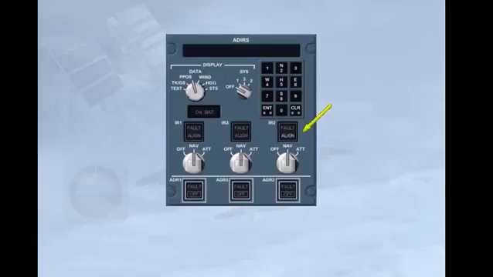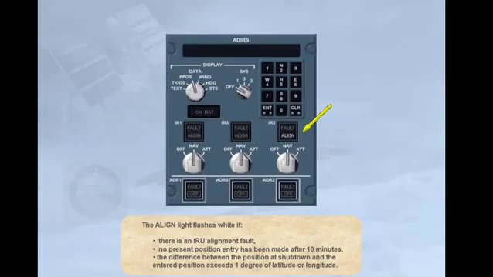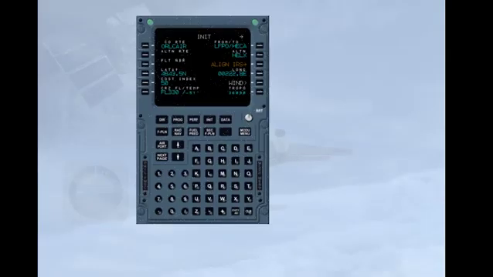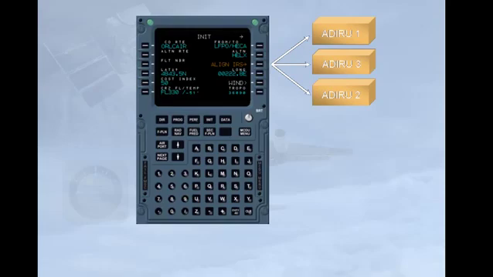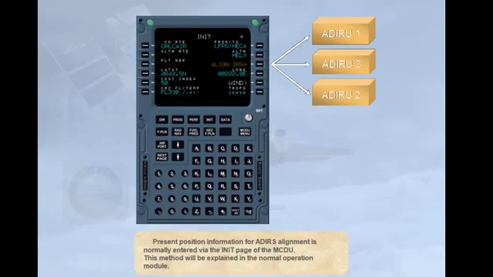The align light flashes white if there is an IRU alignment fault, no present position entry has been made after 10 minutes, or the difference between the position at shutdown and the entered position exceeds 1 degree of latitude or longitude. Present position information for ADIRS alignment is normally entered via the init page of the MCDU. This method will be explained in the normal operation module.